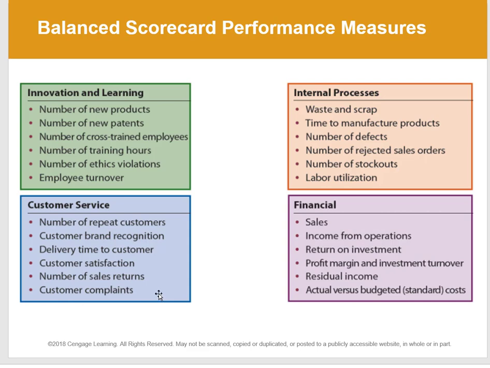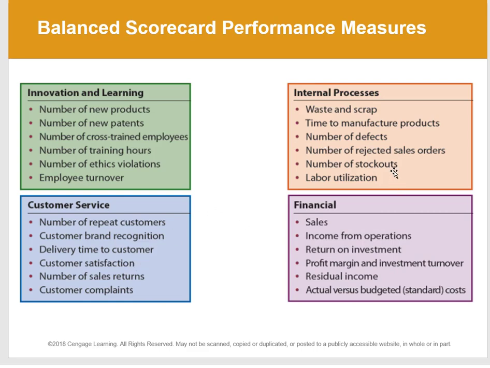Okay. I think the hardest one sometimes is internal processes. Sometimes they can ask one that kind of sounds like customer service, okay? But waste and scrap, time to manufacture, defects, rejected sales orders. See, to me, this is where, is it the number of sales returns or rejected sales orders? This is where I can get confused. So I'll try not to ask you any of those, all right?